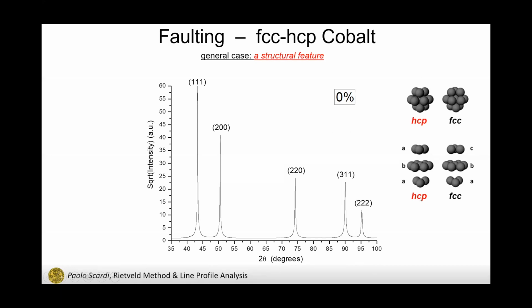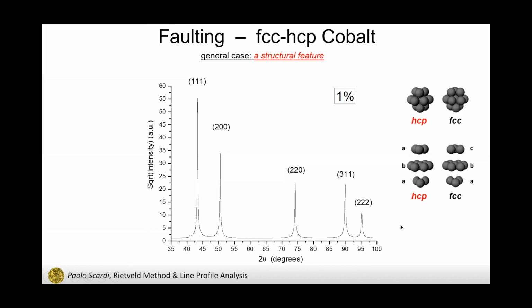This is the sequence of faulting for FCC, ABC, ABC, as you know, and for hexagonal AB, AB, AB. The simulation here was made using DIFFaX, a software specific to model faulted, in general layered, structures. We start with 0%, which is perfect FCC cobalt, and then we introduce 1%.